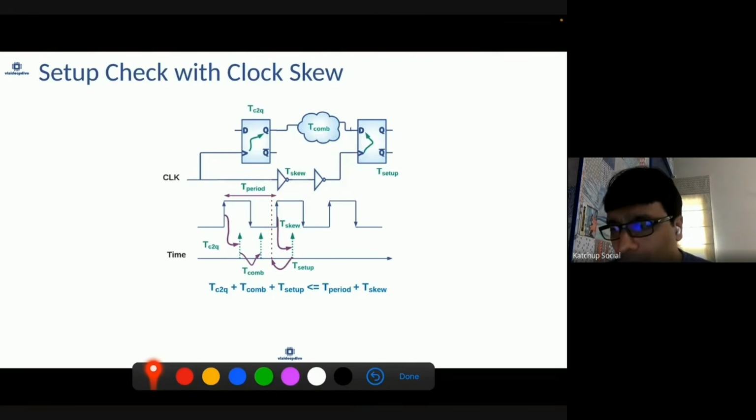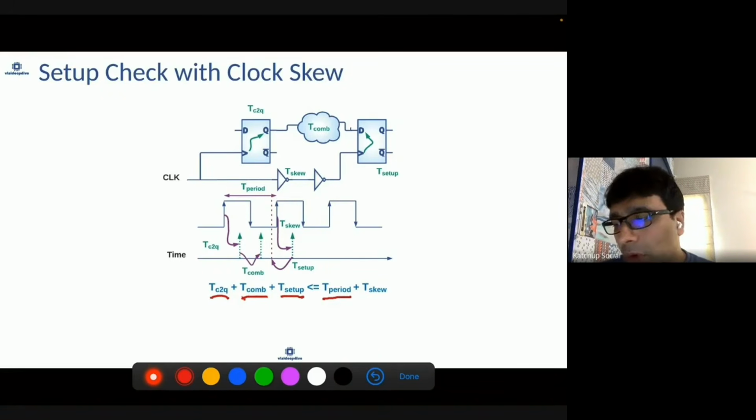Because of that, rather than the clock edge coming here, it arrives T skew later, and that relaxes your setup timing a bit. Rather than clock to Q propagation delay, combinational logic delay, and T setup being less than or equal to the clock period, you get an additional margin, which is the clock skew, because your clock is slightly shifted.